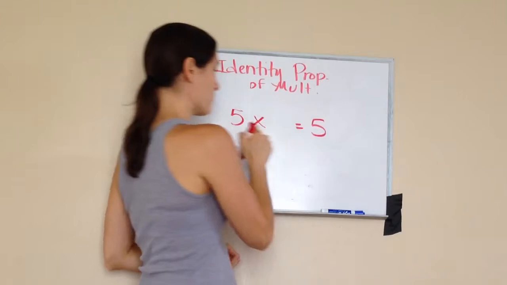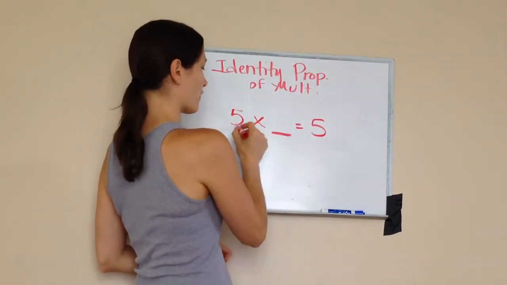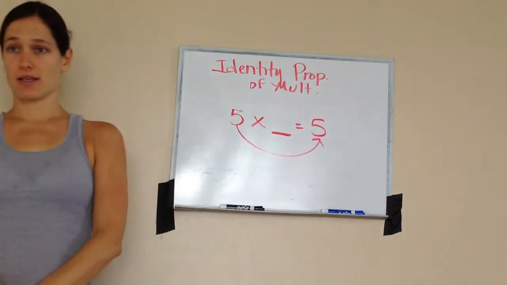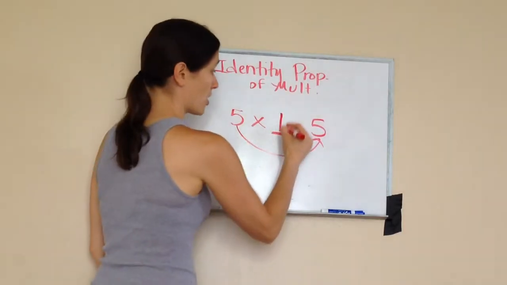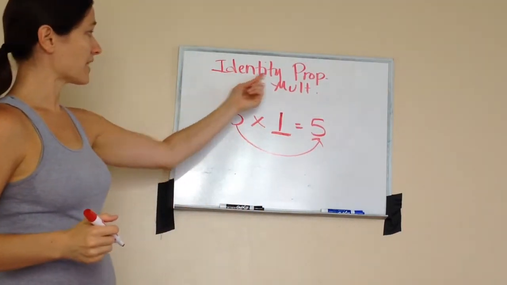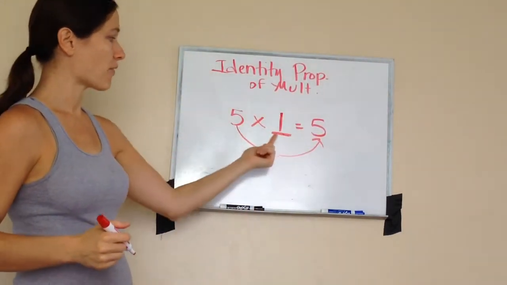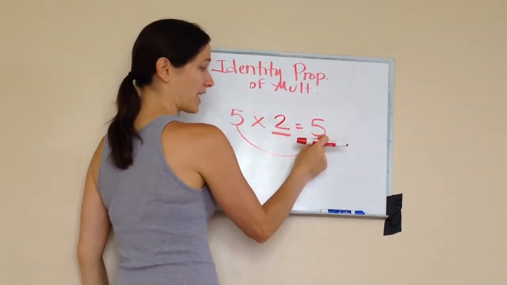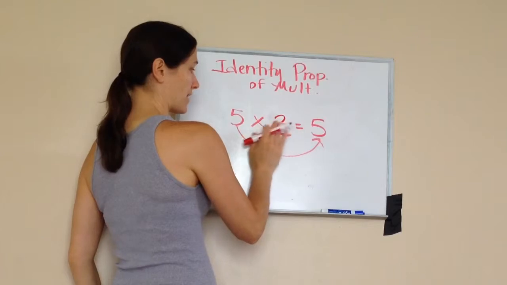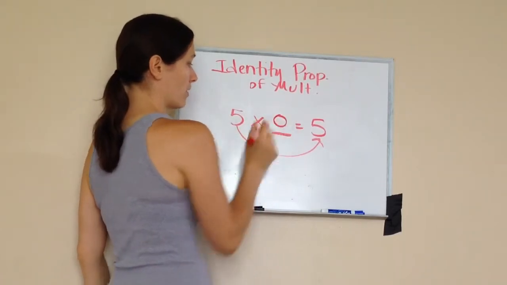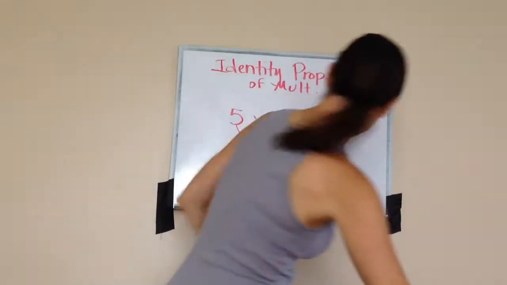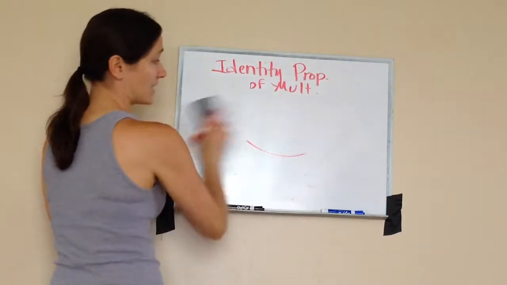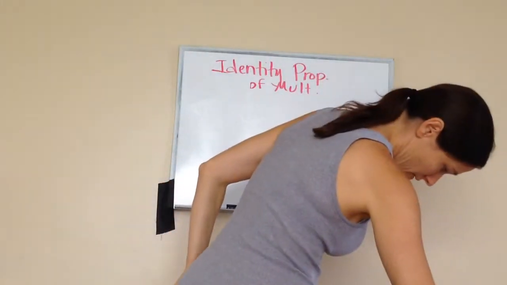What do I put here for 5 to keep its same identity? A 1 this time. So in order for the 5 to keep its same identity, we have to have a 1 here. If I had any other number, let's say a 2, would I keep 5? No, that would make it 10. What if I did a 0? That would make it a 0. So 0 will not work. So that is the identity property of multiplication.